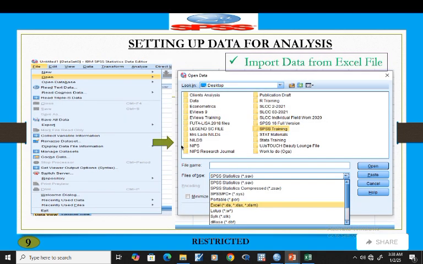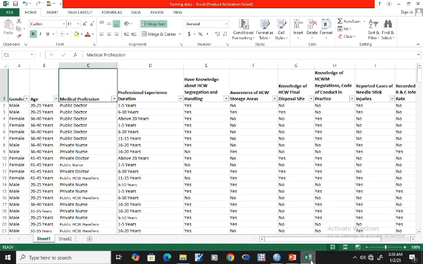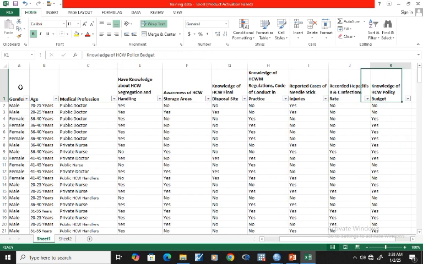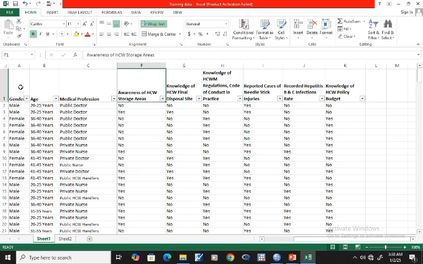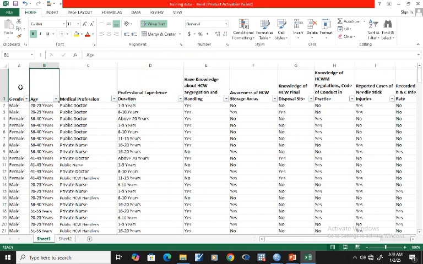The first thing is to import your data, and the data for this tutorial is saved in Excel, collected from a simple survey of medical professionals on healthcare waste management.